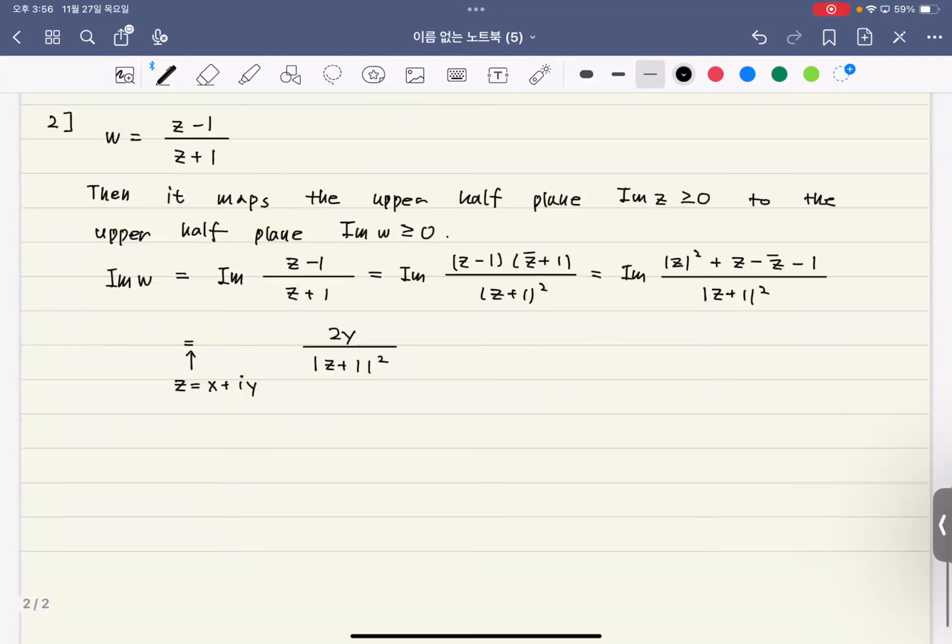This is actually a very interesting observation. Suppose that you have a linear fractional transformation.